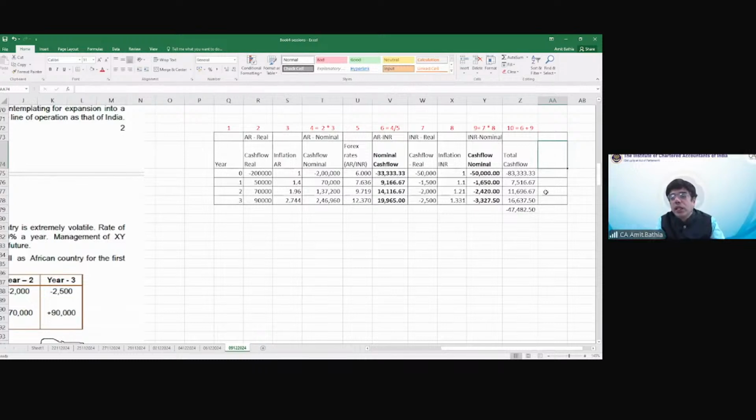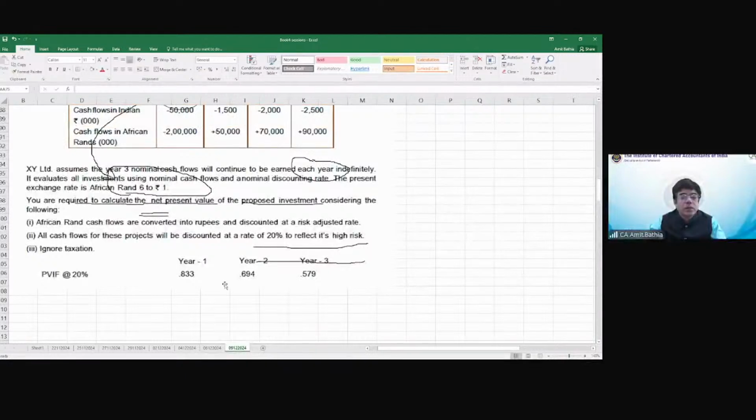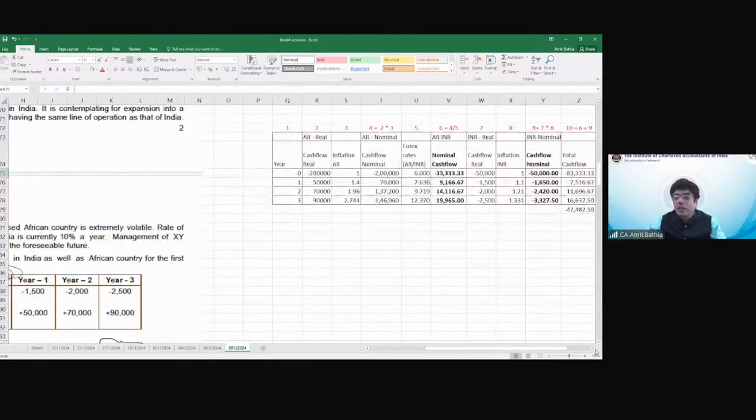Now I need to subject that to discounting. PV factor at what percentage? What is the discounting rate for me? 20%, am I right? The discounting rate is 20%, already given to you to reflect its high risk.